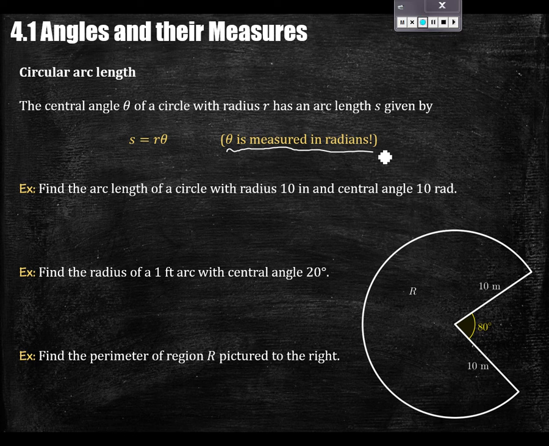In particular, what if theta is equal to a big angle, like 2 pi radians? Is that an okay angle? That'd be the whole circle, right? What do you get then? You get s equals, what's the formula if theta is 2 pi?